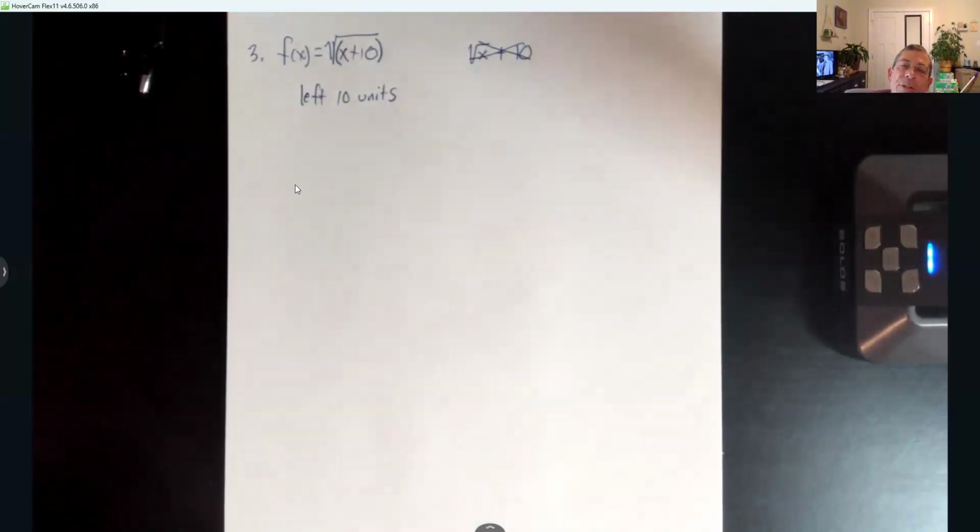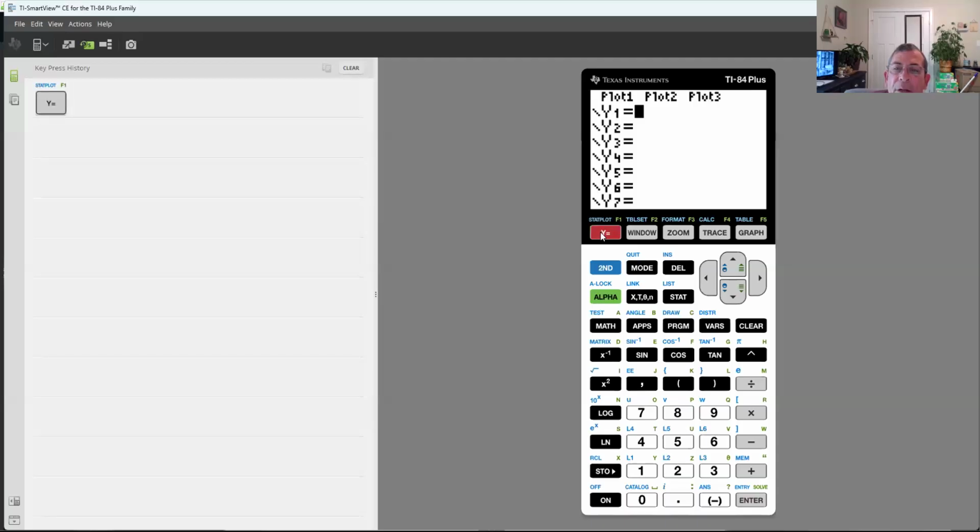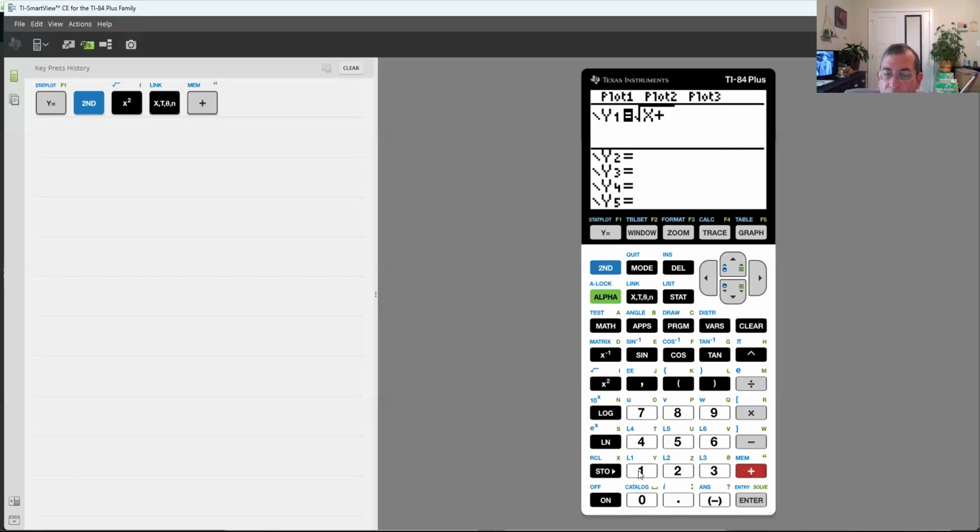Okay? Now y'all watch this. Another way you can look at that. Let's go to our calculator and see what's happening. Remember, if you're unsure of those, go to y equals and grab your square root and put an x plus 10 in that. So notice my x plus 10 is under the radical.